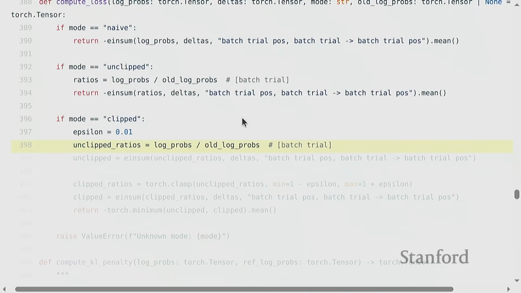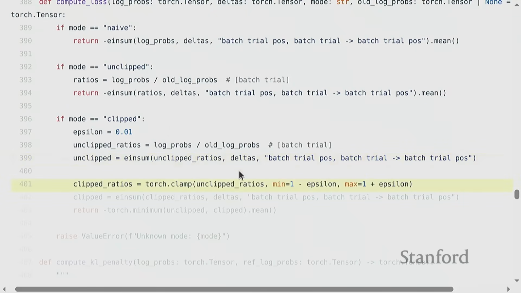You look at this ratio, and then that ratio gets multiplied by delta. Contrast that with the naive thing, where you're just multiplying log probs times delta. This is basically the same thing, except I've divided by the old log probs, which is constant, so I'm just scaling the gradient.